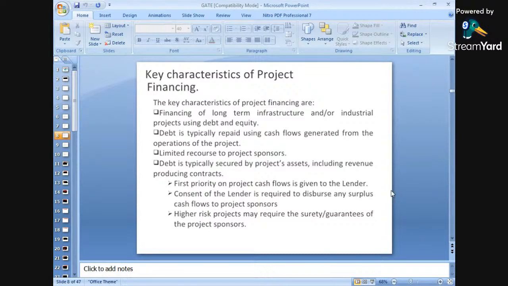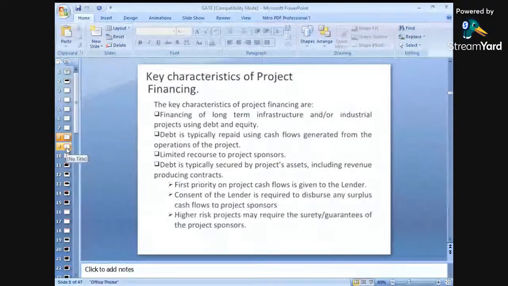There is limited recourse to project sponsors, because for carrying out the various activities in a project we require a large amount. Debt is typically secured by the project assets, including revenue producing contracts. These are the main aspects covered in project financing.